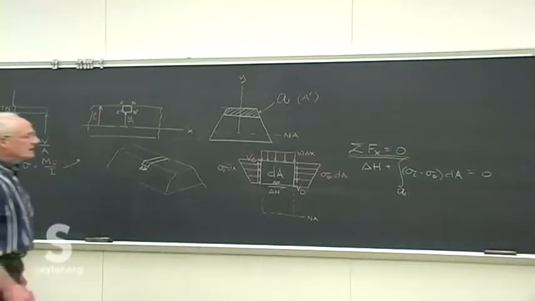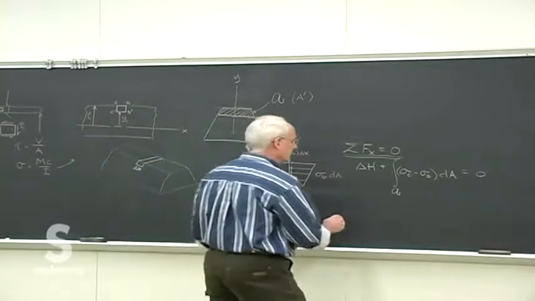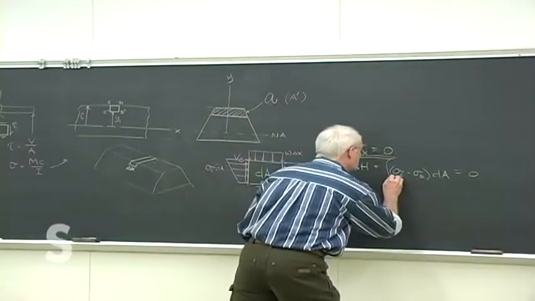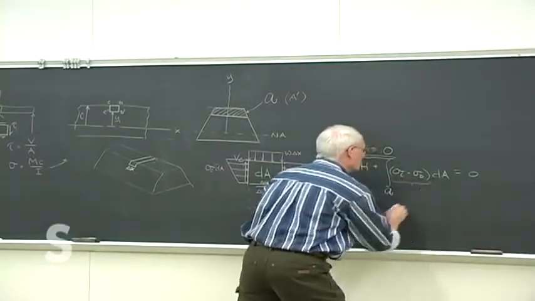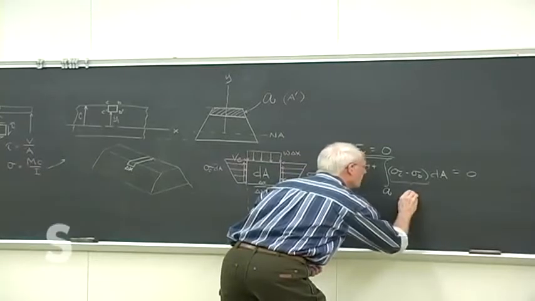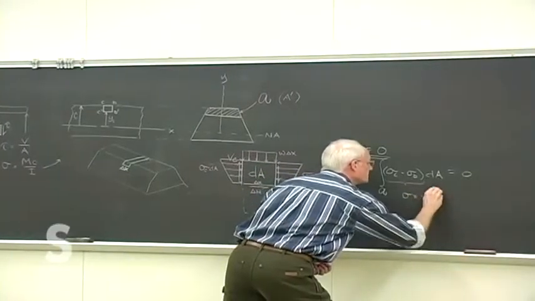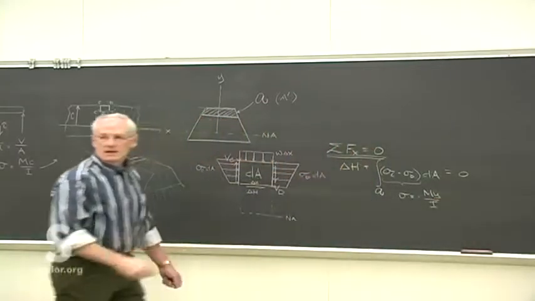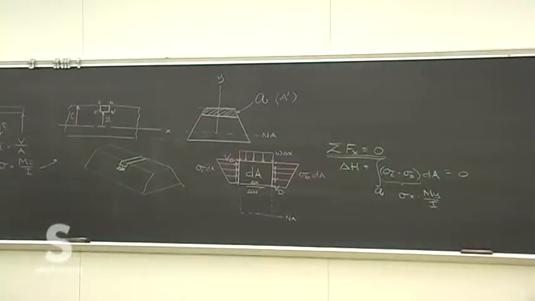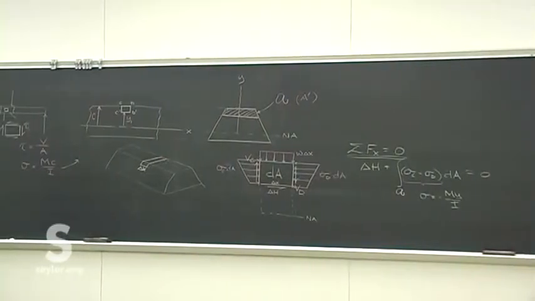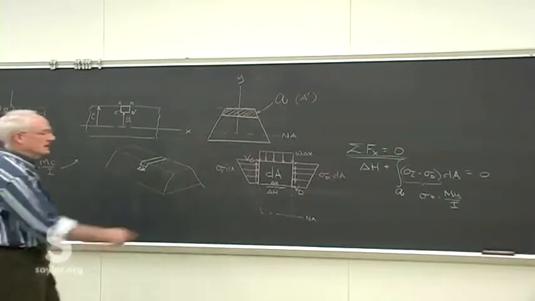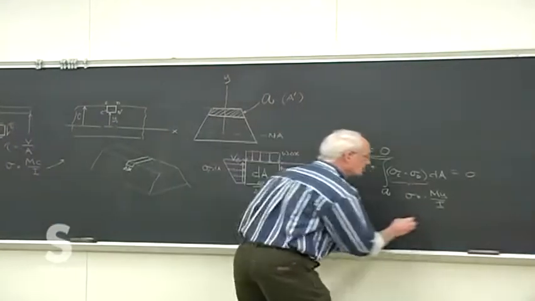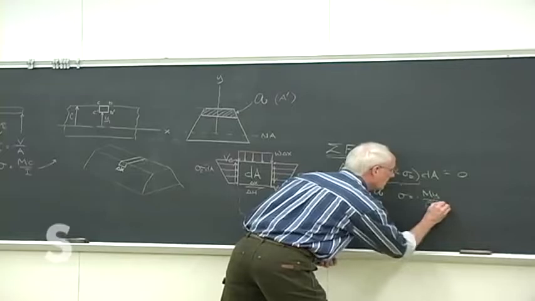Okay, we can change things up a little bit, because this part here, remember that sigma equals minus My over I. The normal stress at any place is a function of the bending load M, the position across the interface, and the cross-sectional moment of inertia.